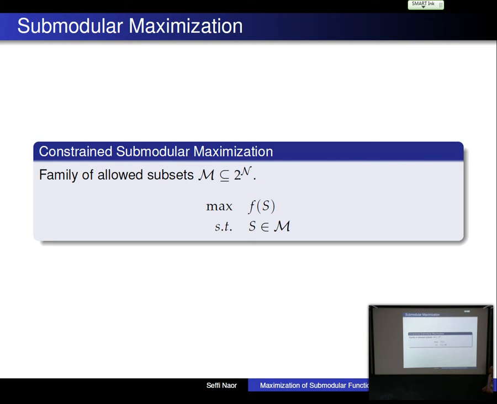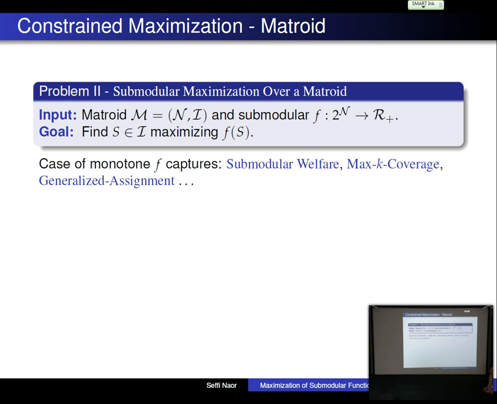Let's move on to constrained problems. In the constrained submodular maximization problem, we're given a function f, we're given a family of allowed subsets M, and we want to maximize the function f, but we can only choose sets from the family M. A very common way of restricting the allowed family is by constraining the family of sets to be independent sets in a matroid.